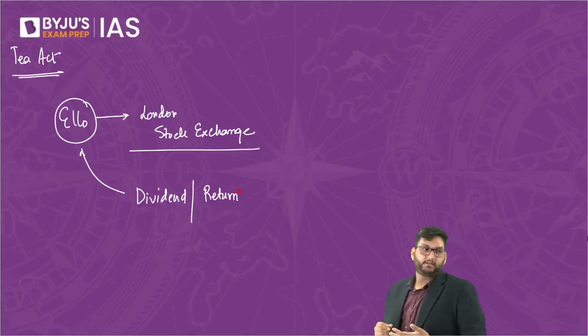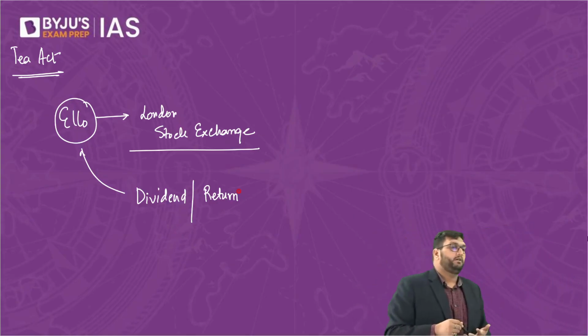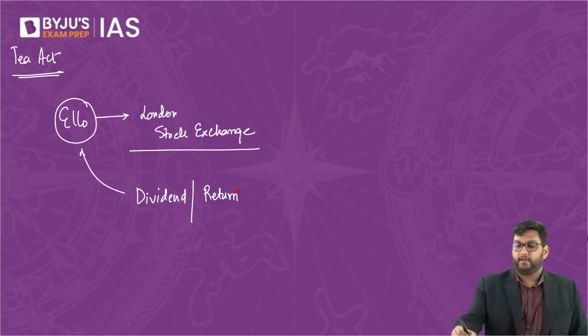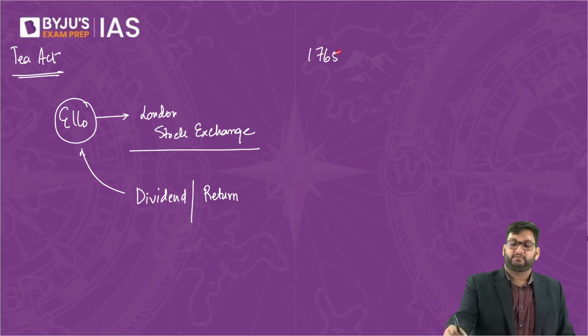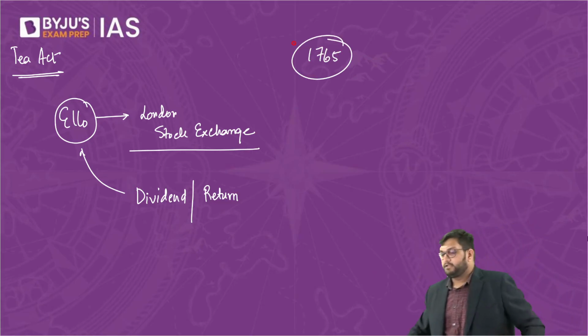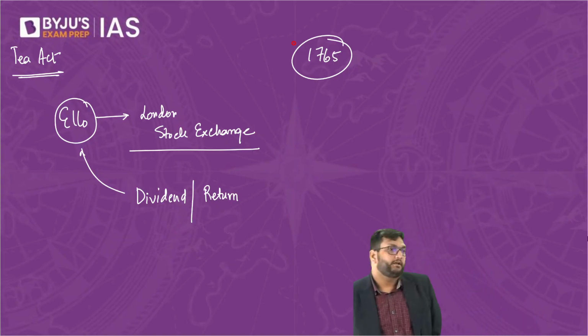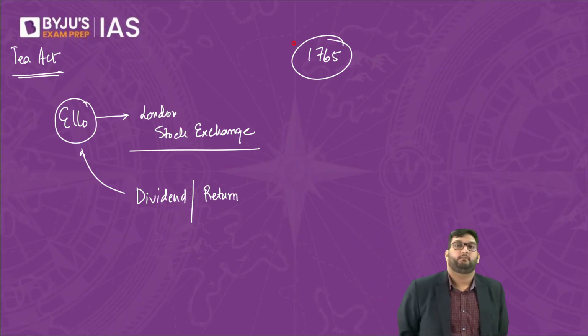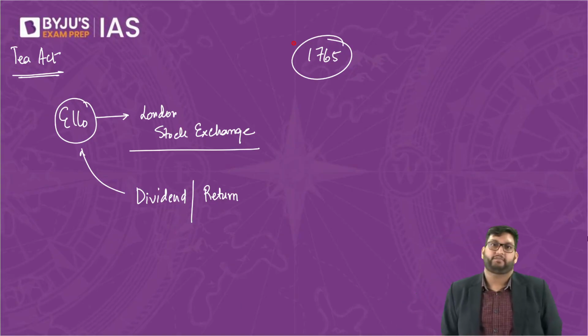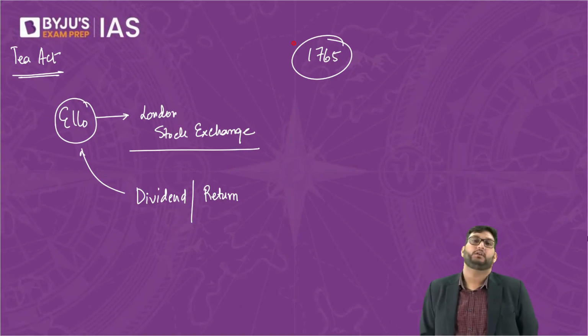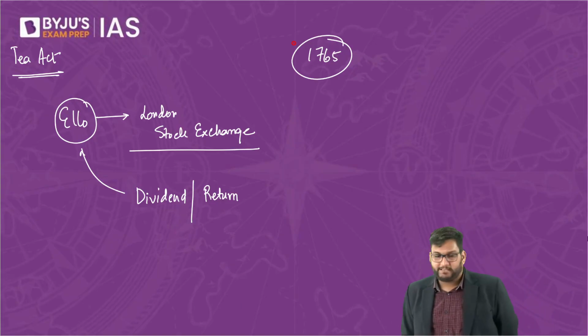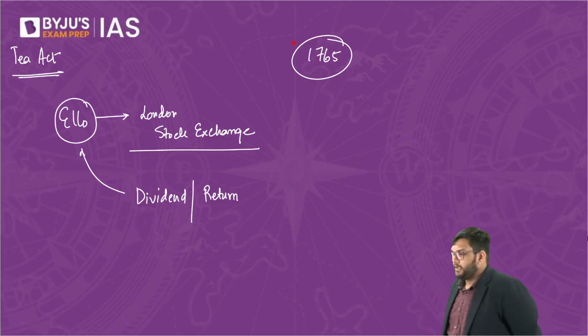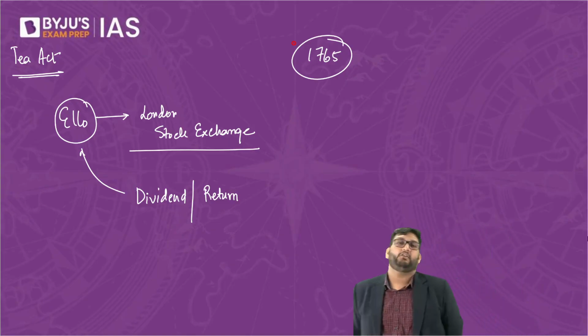Now, in 1765, the British got the Diwani of Bengal, Bihar and Orissa. After the Battle of Buxar in 1764, through the Treaty of Allahabad in 1765, the British gained the Diwani of Bengal, Bihar and Orissa.